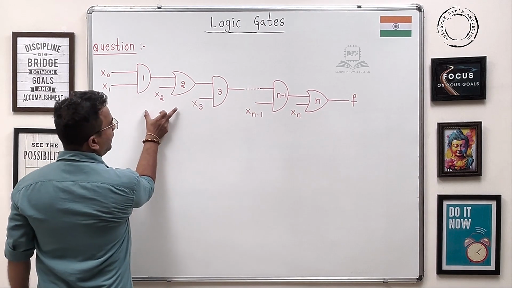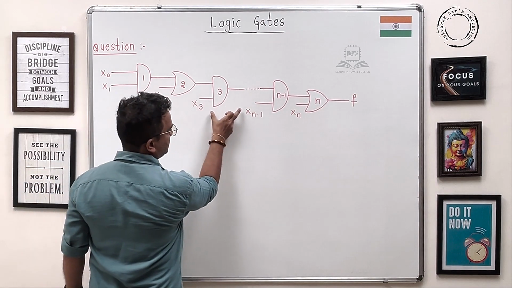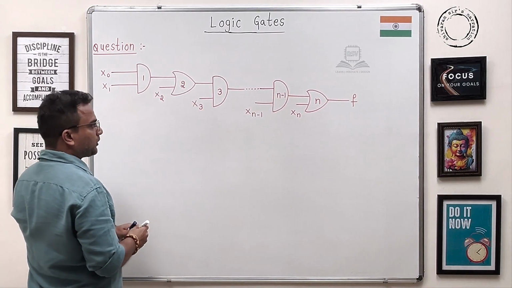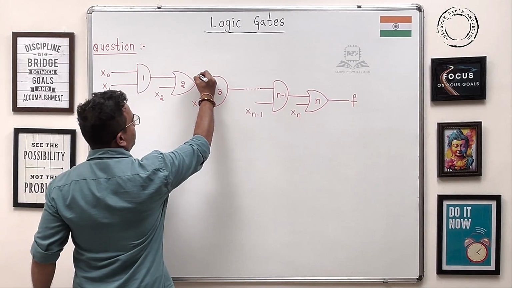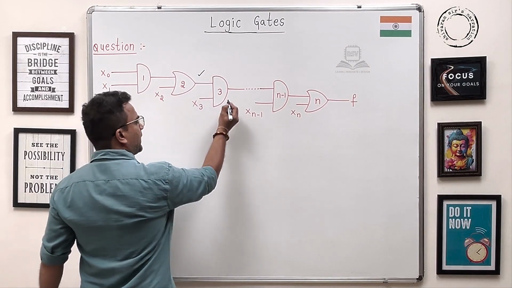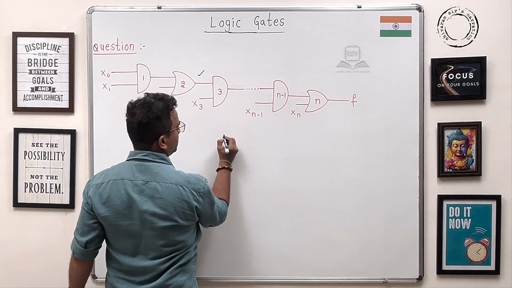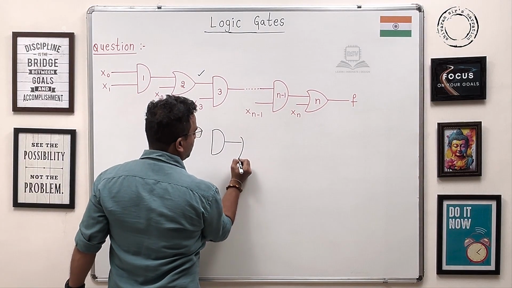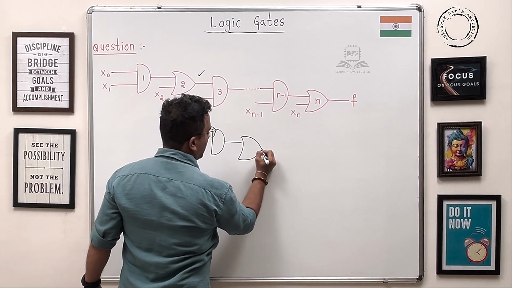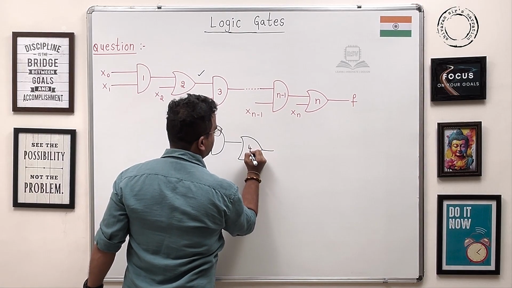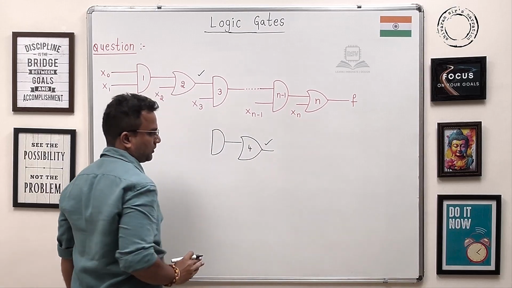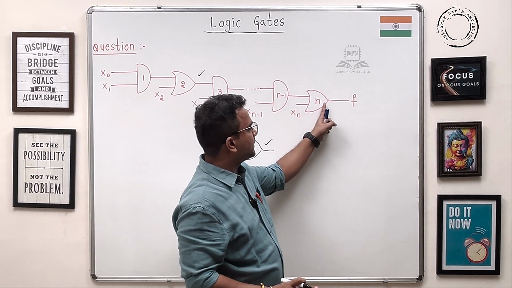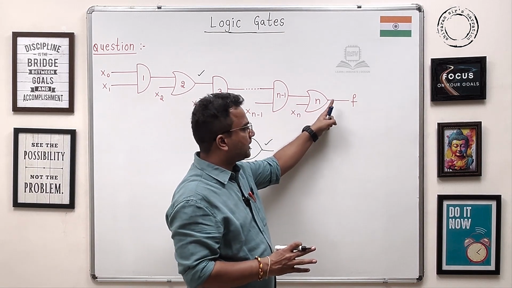This AND OR gate combination is going to repeat like this. So it's better to calculate the output here, and maybe take one more OR gate as the fourth gate, and find this expression, so that we get clarity regarding the 6th or 8th and nth gate.